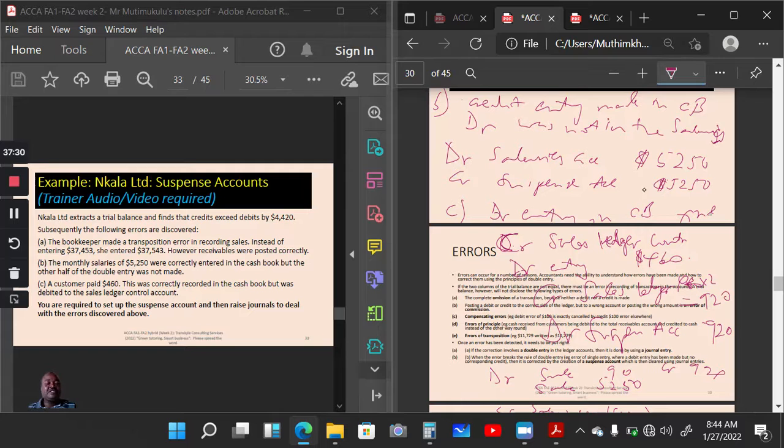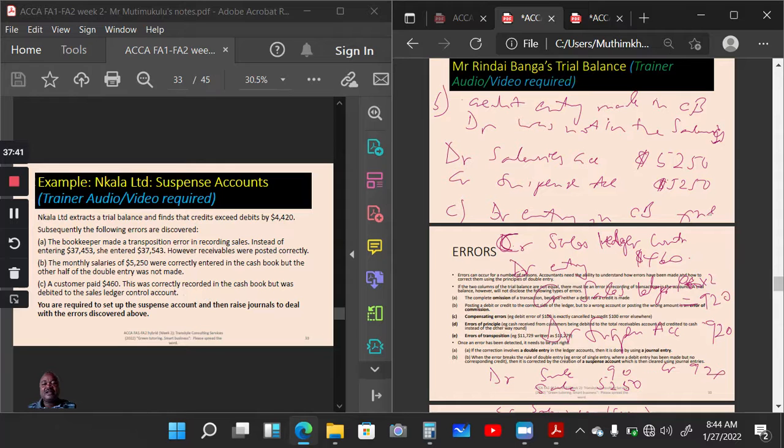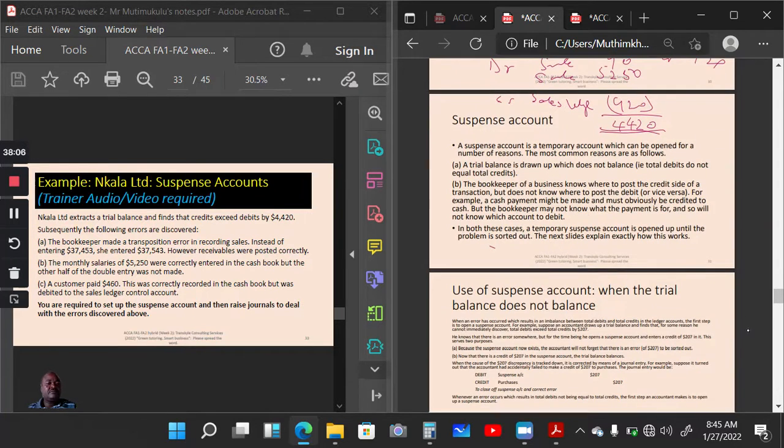Some of the errors, remember, are overstatements, some are errors of principle, as in the last one. The accounting principle was violated, so we need to ensure that all those transactions are taken care of. So it's not a matter of just behaving like programmed machines. We have to use our common sense as we attack these questions. So that's what is happening.